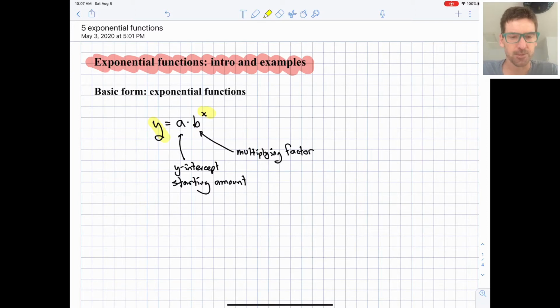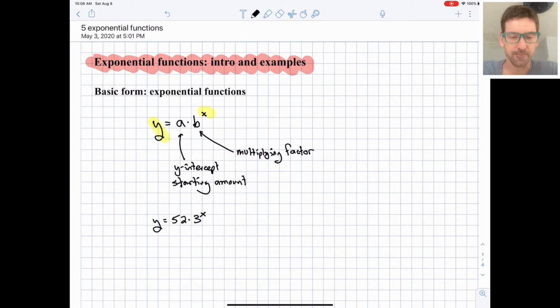Okay, so a quick example here, and then we'll look at some graphs. If you have something like this, that means when x is 0, you have 52 of whatever things you're talking about, and it's tripling each time. So it's growing really, really fast.